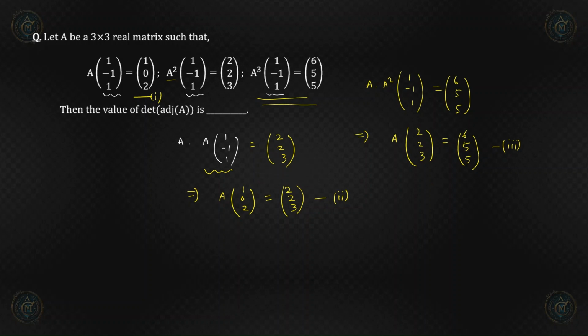So here comes the crucial step for this problem. See, we have to just calculate the determinant of this A matrix, right? We don't have to actually calculate the matrix itself. This is the catch here. How? So let's say I am taking another example. Let's say we have a matrix here, right? A, B, C, then D, E, F, G, H, I. Okay.